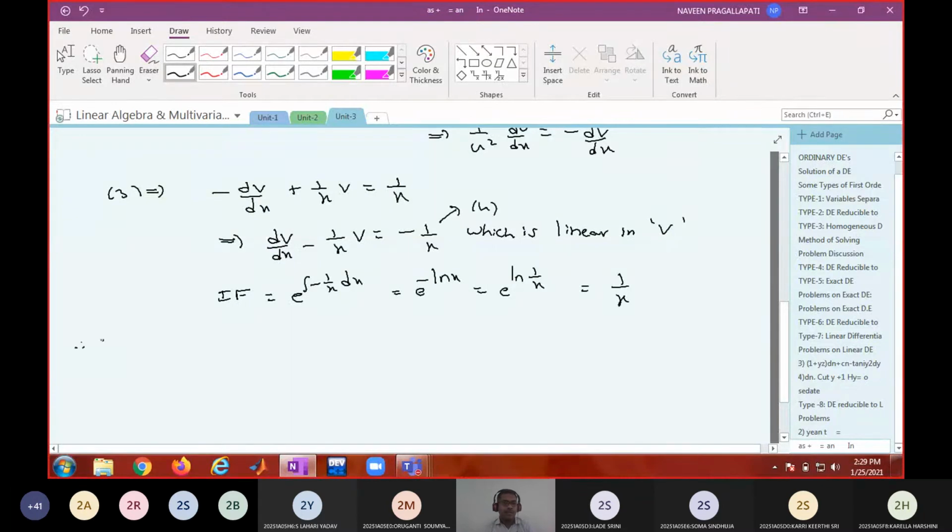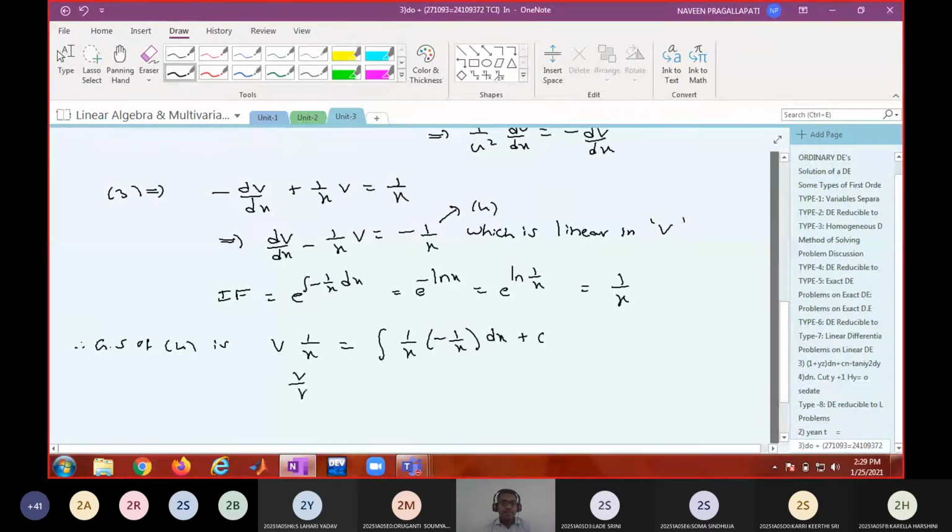Therefore the general solution of 4 is v. Now the dependent variable is v. V into integrating factor is 1 by x, equal to integral of 1 by x into the right hand side function, minus 1 by x, into dx plus c.